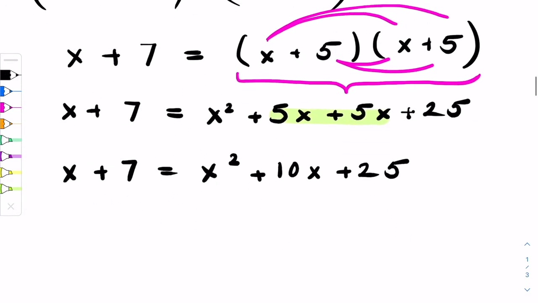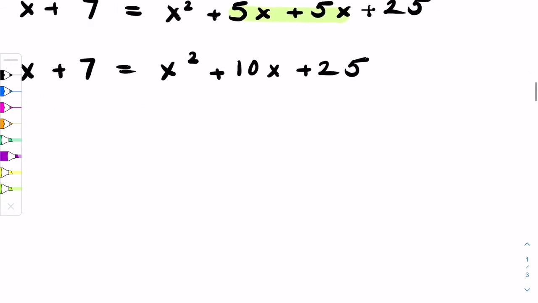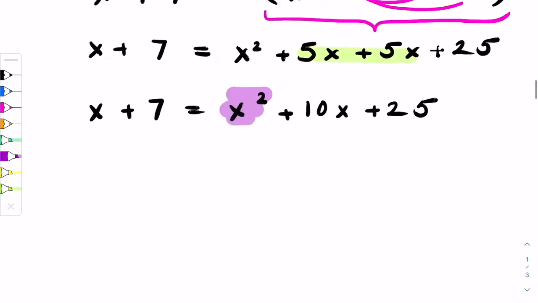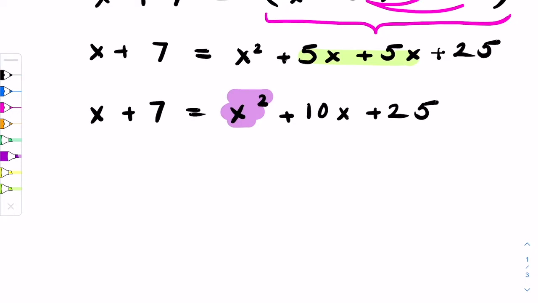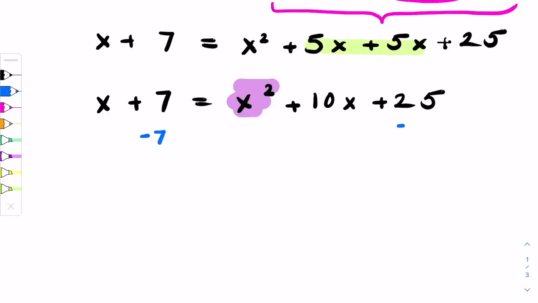Okay, anytime you end up with an x squared term, you're most likely going to have to either factor or use the quadratic formula. So if you are doing either one of those, you need to make sure your equation is set equal to 0. In order to set this equation equal to 0, subtract 7 from both sides and subtract x from both sides.